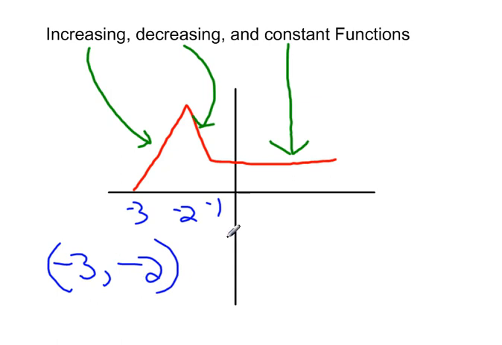We would be decreasing from -2 to -1, and we would be constant from -1 to infinity. Again, these are x values, what we are looking for here.